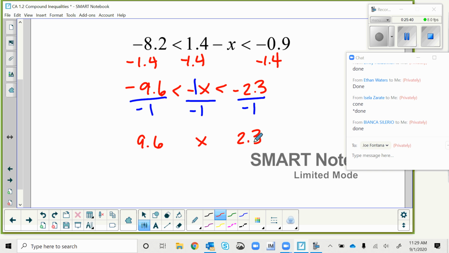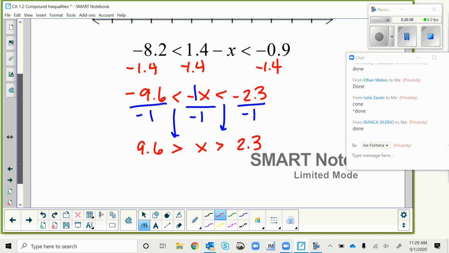But it also has to flip your symbols. So when you divide by a negative number, the symbols flip direction. And if that's something you forgot to do, it completely changes what your final answer is. Well, it makes it illogical. It makes it something not true.